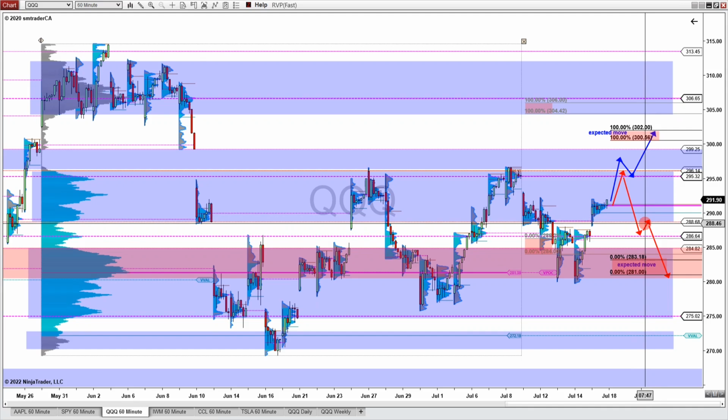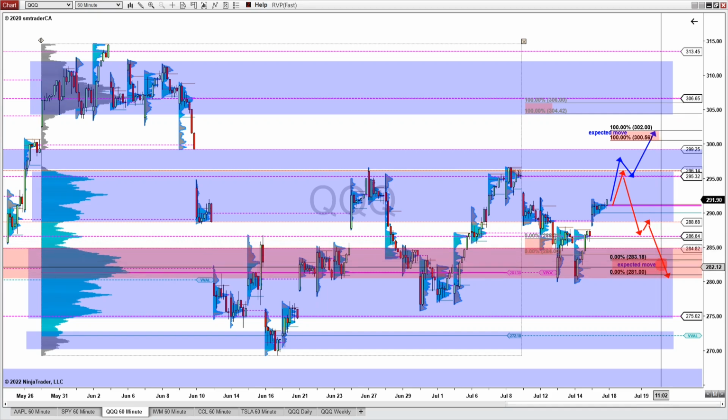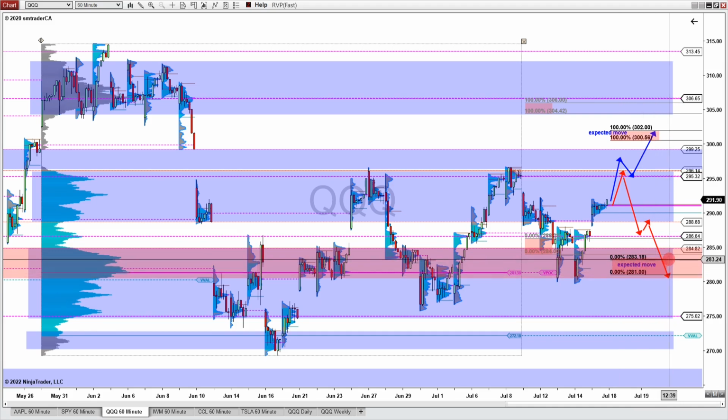If it's unable to get back into that zone, then look for a move to continue to push down to this virgin point of control at 286.64 and into this support zone here on the daily chart and come down to this lower range of the expected move between 283 and 281.